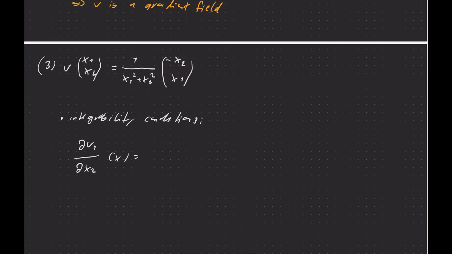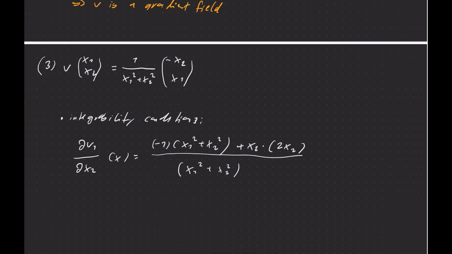So we need to take the derivative of minus x2 first, that is minus 1. We multiply that with the denominator, x1 squared plus x2 squared. And then we subtract minus x2, so we add plus x2 times the derivative of the denominator with respect to x2, that is 2x2. And that all needs to be divided by the denominator squared.